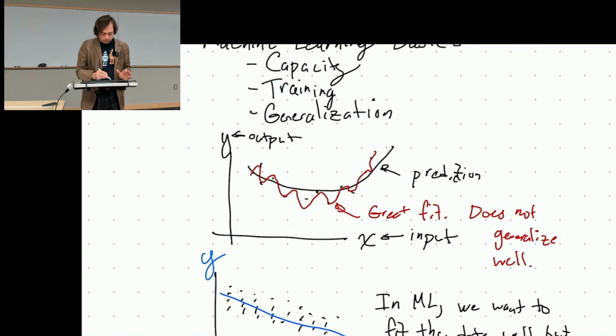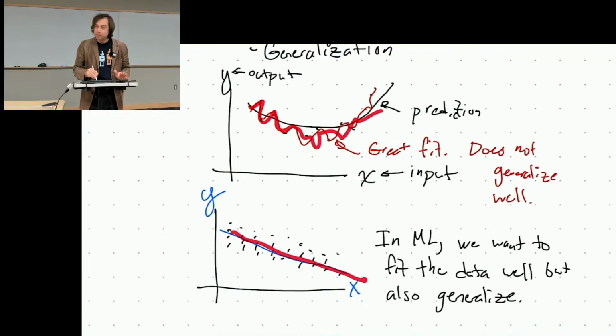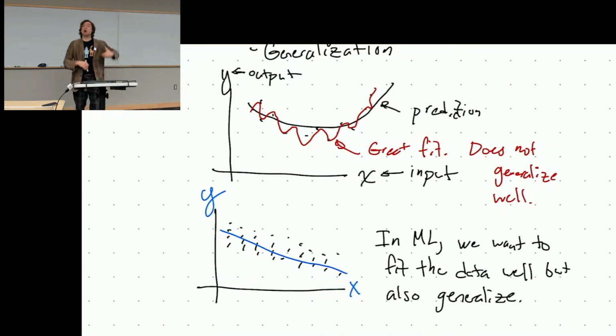When we made this fit, or this fit, we were making those fits based upon every data point that we had. And the process of making that fit is called training.